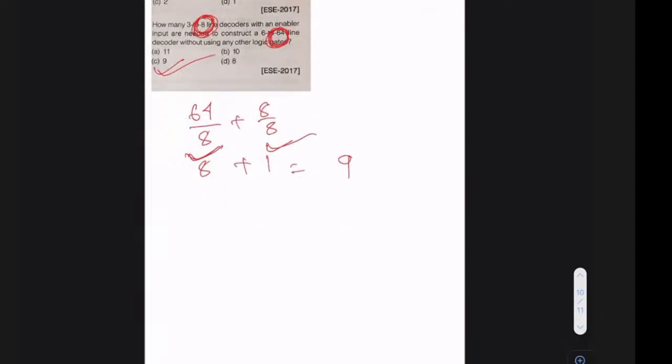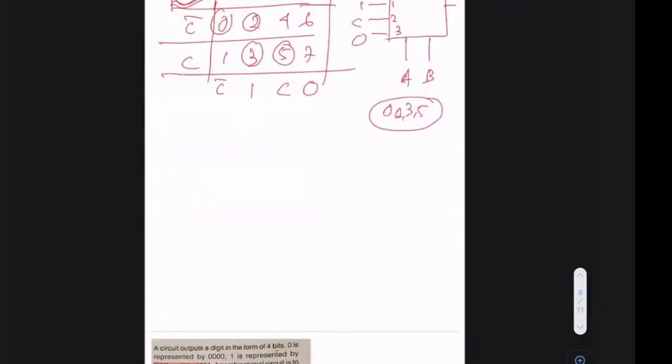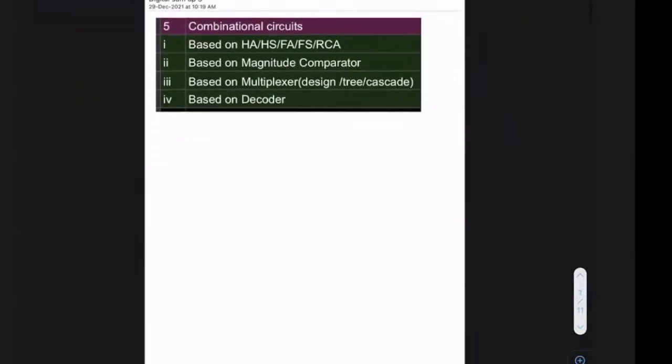So this many questions I have taken to cover this combination of circuits. We have solved questions based on half adder, half subtractor, full adder, full subtractor, ripple carry adders, around 3-4 questions. 1 question based on magnitude comparators. And based on multiplexer, 1 question to design that one. This is one model we have seen: multiplexer tree, to design this 256, how many multiplexers are needed?